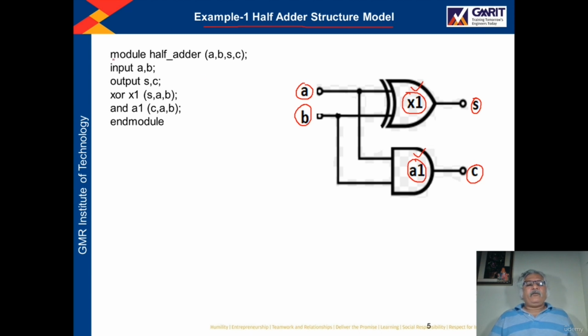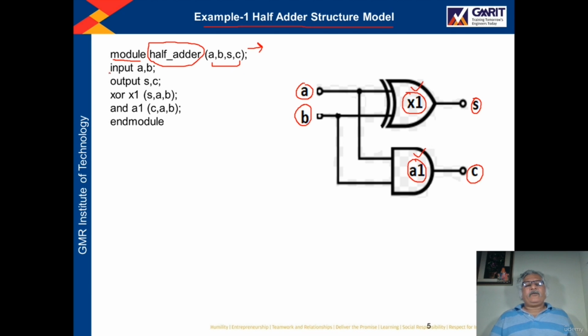So this is a code module. I have given the name of this module as half_adder. Then within brackets I have mentioned my input and output ports A, B, S, C. Then I terminate this statement with a semicolon.